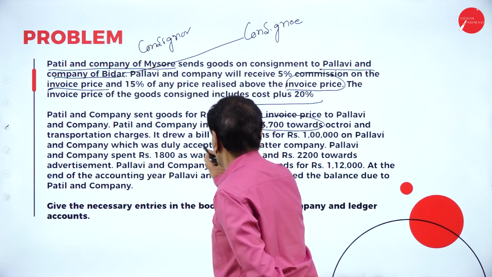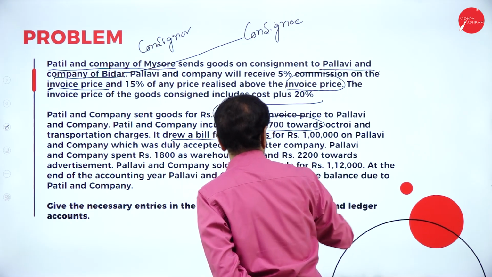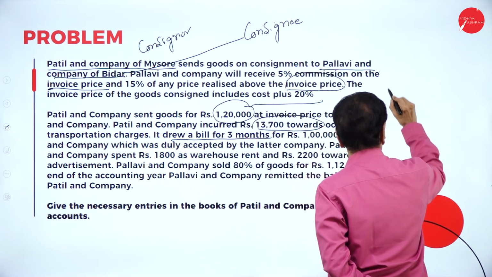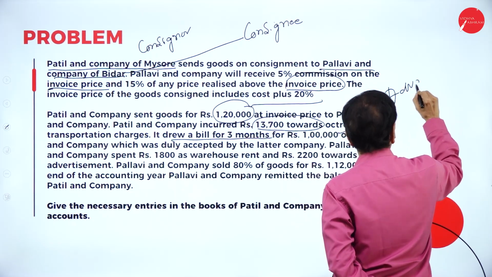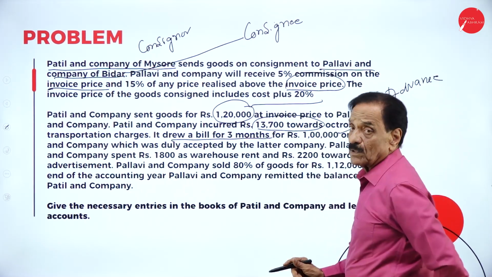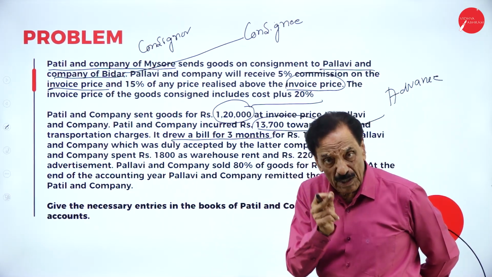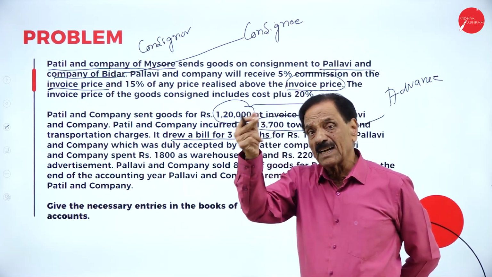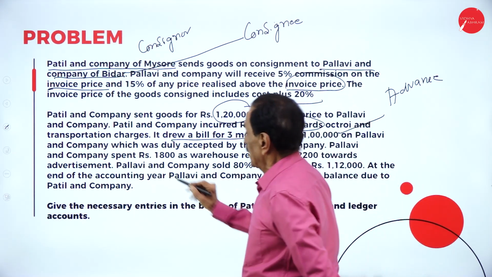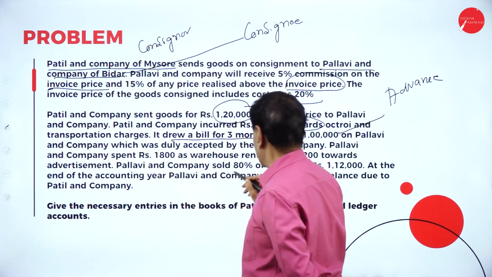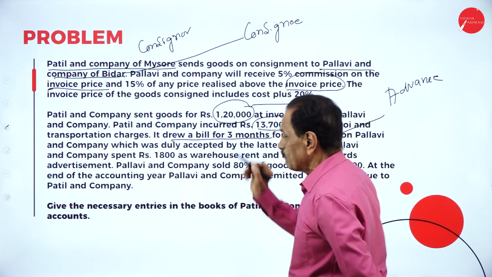It drew a bill for 3 months. Rupees 1 lakh is in advance, given by the consignee to the consignor as a guarantee against the goods, which was duly accepted by the consignee.